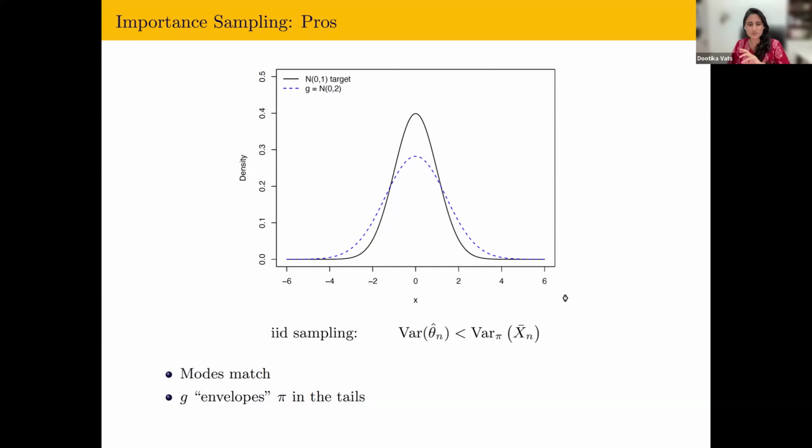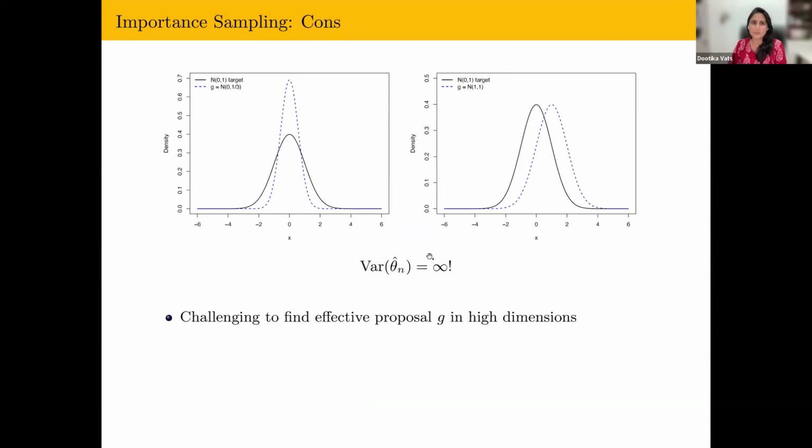So I can also show some instances of when this doesn't work. For example, when my target density is Gaussian, and my proposal is normal(0, 1/3), so it's like 0.33, the variance of the importance sampling estimator is going to be infinite. And also in this case, when I don't get the mode right, and I'm not able to set the proposal at the same mode as my target, then I have a similar issue.